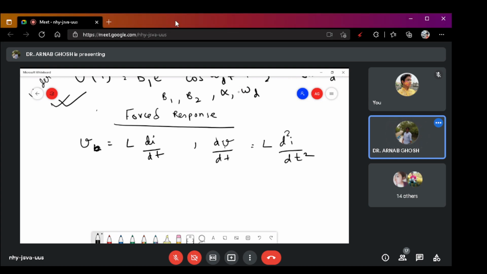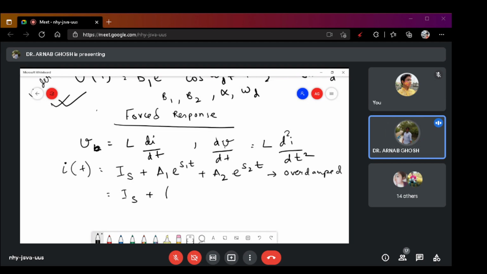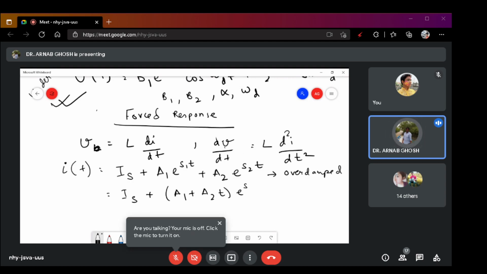Okay. So first, let's write the general equation. Your i(t) is equal to Is plus A1 e to the power S1t plus A2 e to the power S2t. This is for the overdamped condition. This is equal to Is plus (A1 plus A2t) e to the power S2t for the critically damped case.